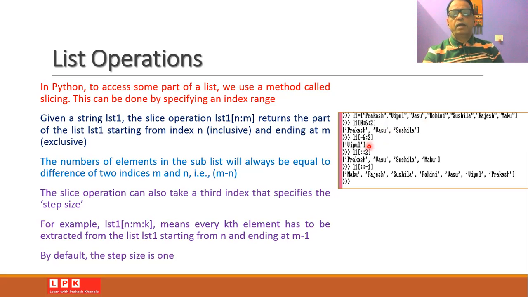Whenever we put a minus parameter, the list will be traversed from the right hand side. If I write L1 colon colon 2, then I will get the elements Prakash, Vasu, Sushila, and Maku. If I write the list L1 colon colon minus 1, then you will find that the list will be displayed in the reverse order. That is, we will get the first element as Maku, then Rajesh, then Sushila, Rohini, Vasu, Vipul, and Prakash.